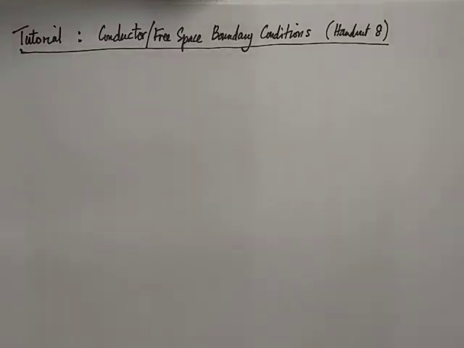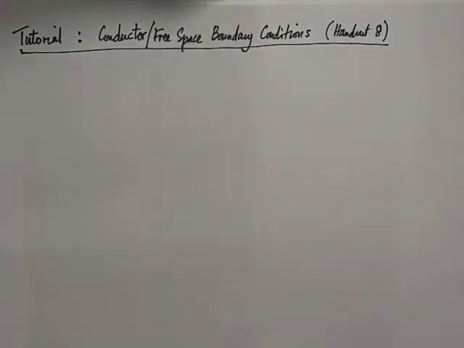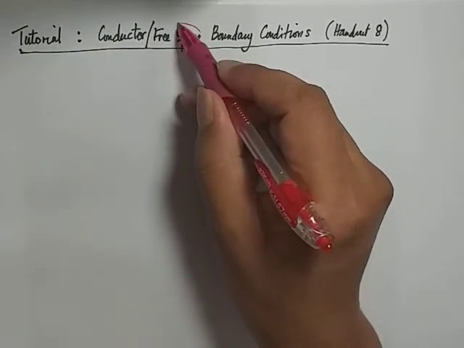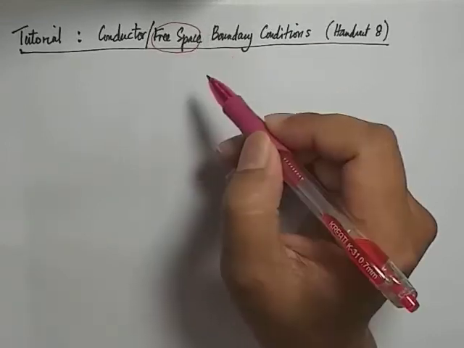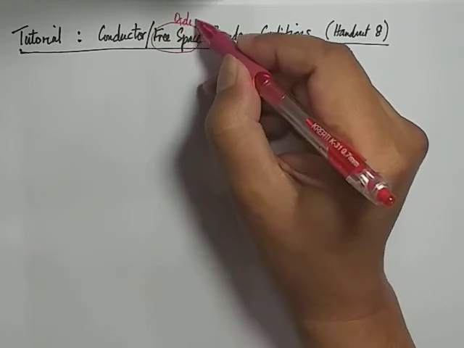Okay, today in this video session we're going to solve problems from handout number 8. To be more specific, the topic of discussion will be focused on conductor free space boundary conditions. Since we have learned about a new material after conductor, which is known as dielectric, we can replace the words free space to make it more general by stating conductor dielectric boundary conditions.